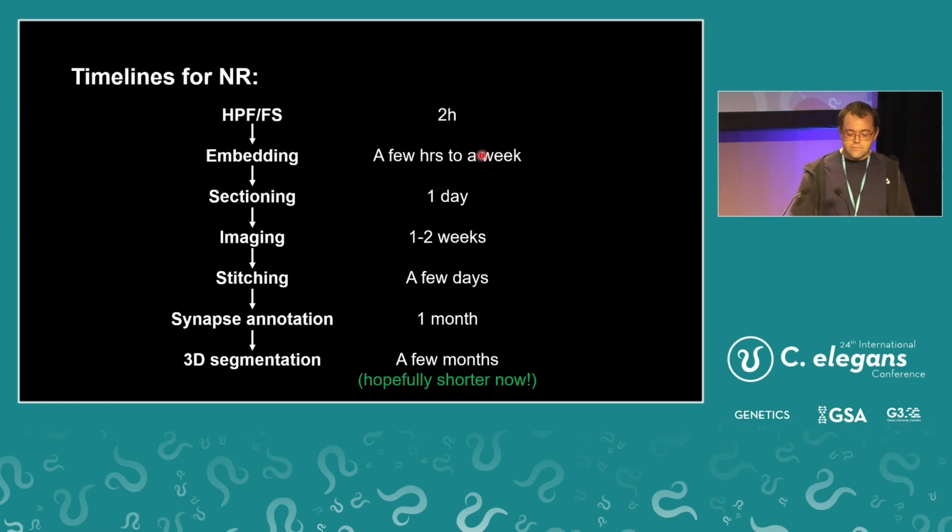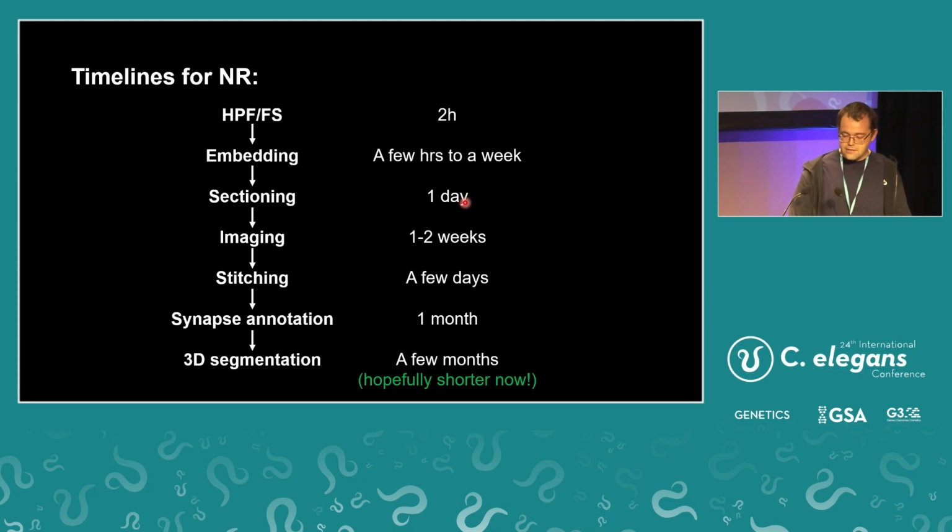So in terms of the timeline for doing this, high pressure freezing takes a couple of hours. To do the freeze substitution, it can be from a couple of hours to a couple of weeks. Embedding, as Mia alluded to, can be quite frustrating, but it can take a few hours to a week.